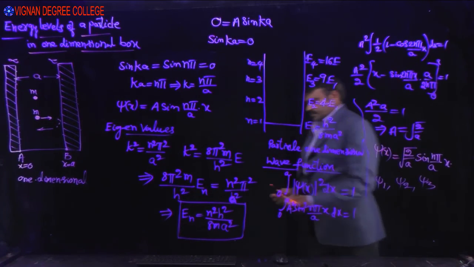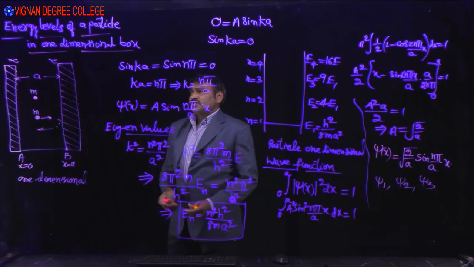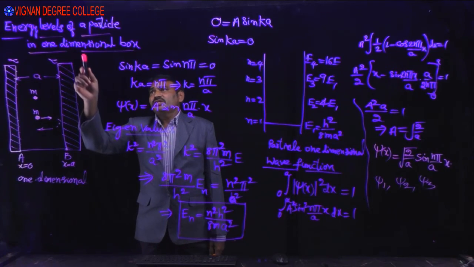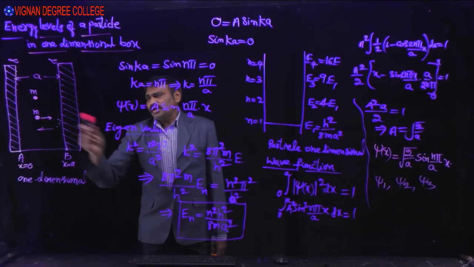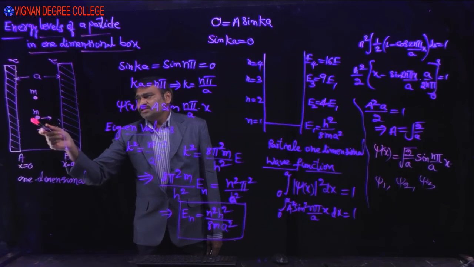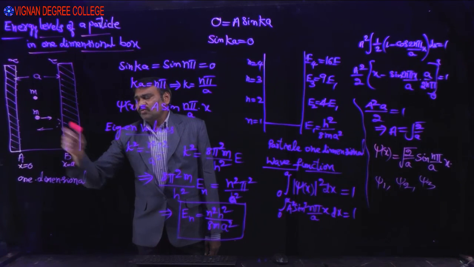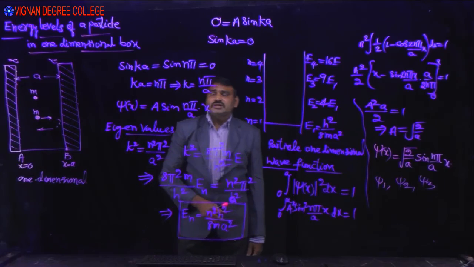In this lesson, we discussed the energy levels of a particle in a one-dimensional potential box of infinite height. Consider a particle of mass m inside the walls that moves along only the x-axis. So this is considered a one-dimensional potential box.